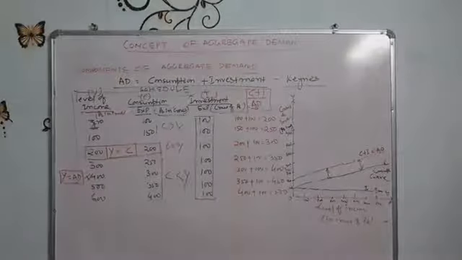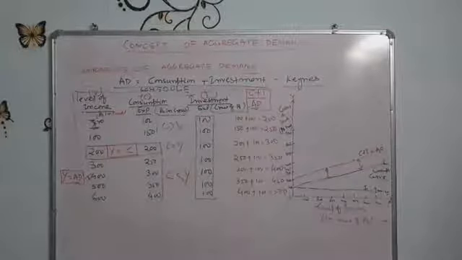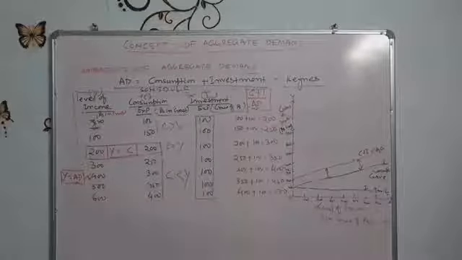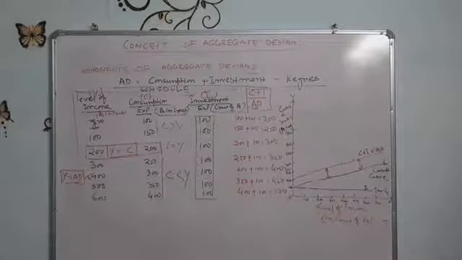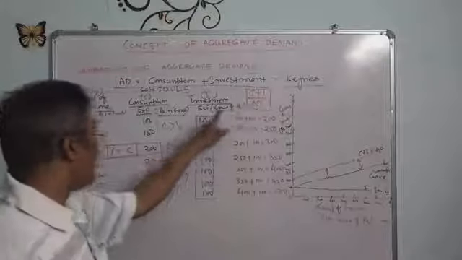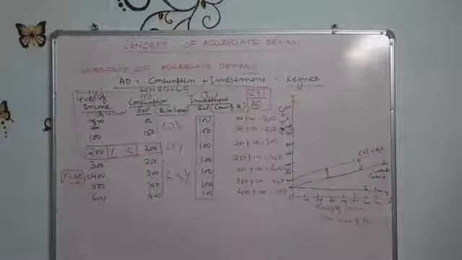Next we will switch over to the concept of aggregate supply. Now it is clear about aggregate demand, that is the consumption curve and the investment curve. But note two noteworthy points: aggregate demand depends on the level of income.